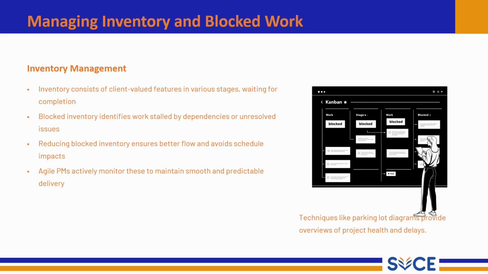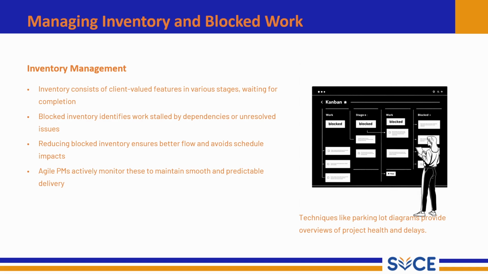Agile project managers actively monitor these to maintain smooth and predictable delivery. They use tools like Kanban boards to track blocked work. They step in quickly to remove the obstacles and support the team. By doing this, they ensure the workflow stays predictable and efficient.